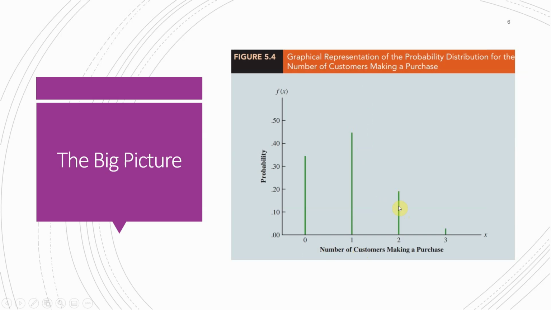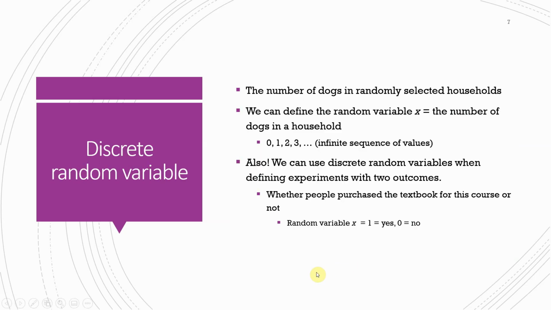Well, you just add the probability for 2 and for 3. Ideally, in this chapter we will take discrete random variables, learn how to calculate these probabilities, how to create this probability distribution, and then use that to calculate the probability of different events. That's the big picture.